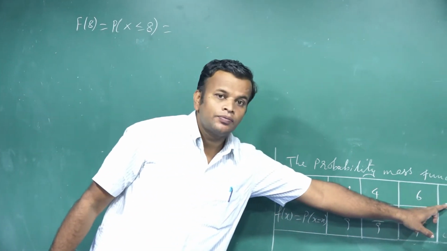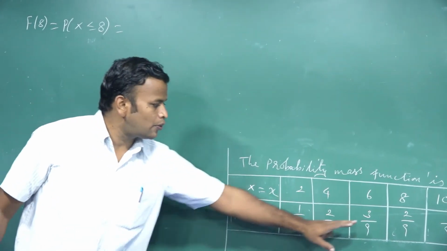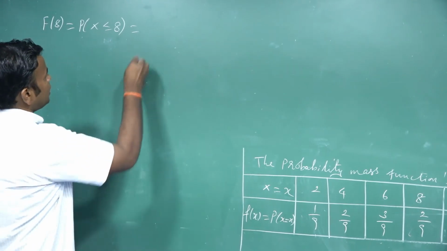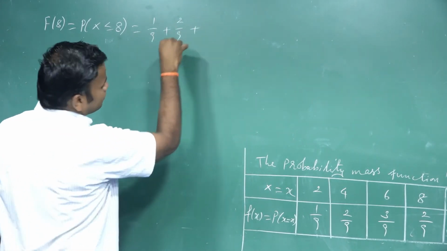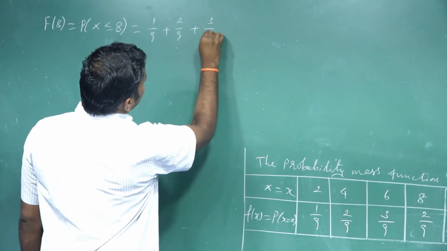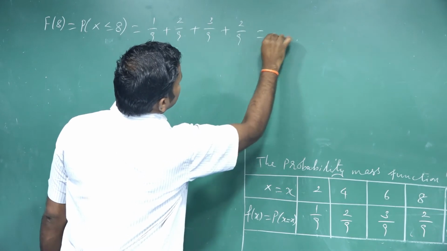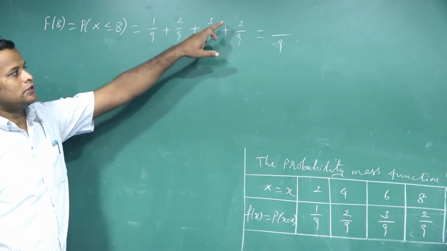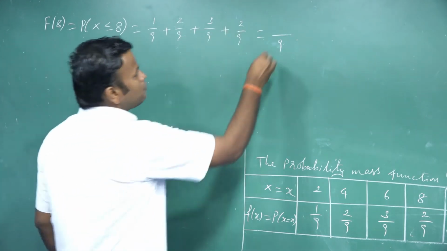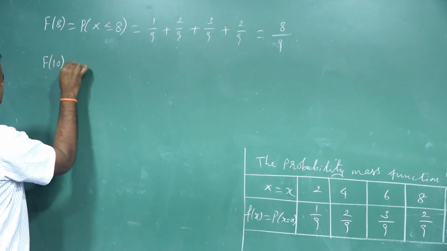So to write all probability values, 1 by 9 plus 2 by 9, 3 by 9 plus again 2 by 9. To add, we get 3, 6 and 8. So 8 by 9.